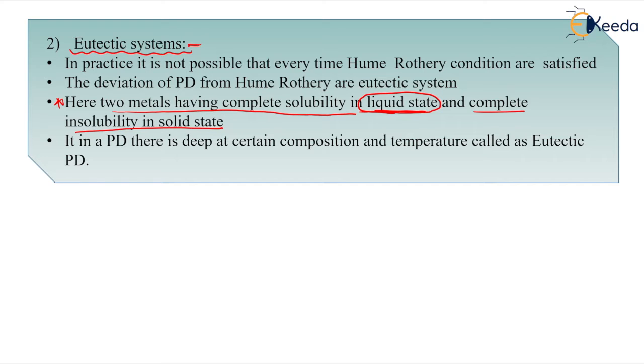So dear students, how do we identify this eutectic system? The common indication of the eutectic system is this: if in a phase diagram there is a dip at a certain composition, there will be the eutectic system.